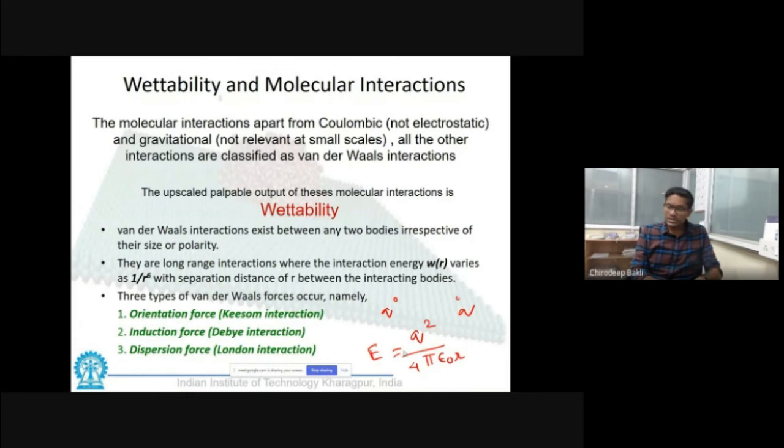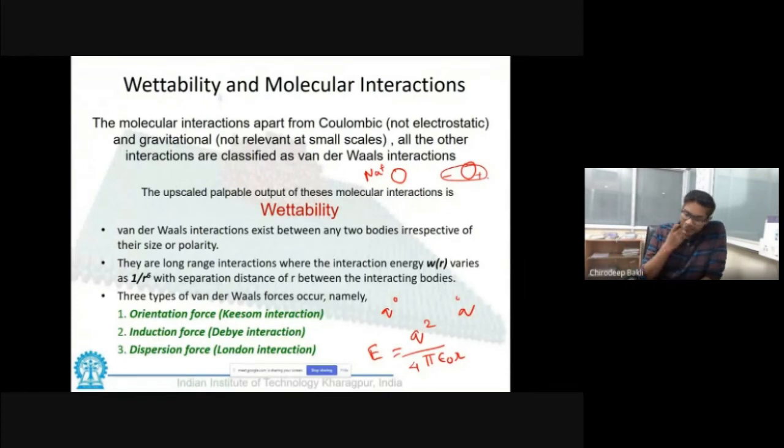Basically, the positive polarity of the sodium ion is pulling the electronic cloud towards it. So if this is the sodium ion sitting here, and this is, say, some neutral atom sitting here, it is trying to pull the electronic cloud here, making this negative, this positive.